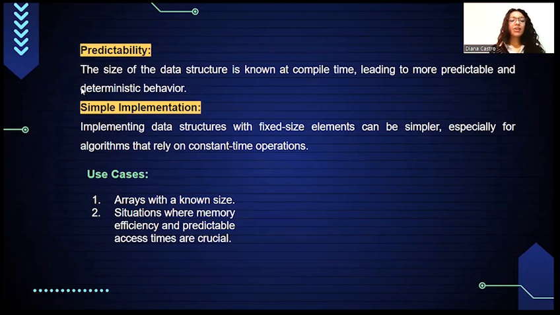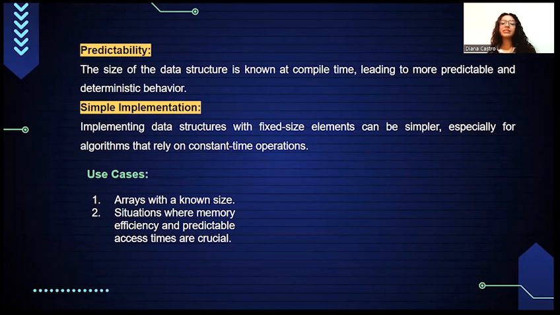Now, predictability: the size of the data structure is known at compile time, leading to more predictable and deterministic behavior. You already know the size of the data, and that makes it easier to manage the memory. The other one is simple implementation.